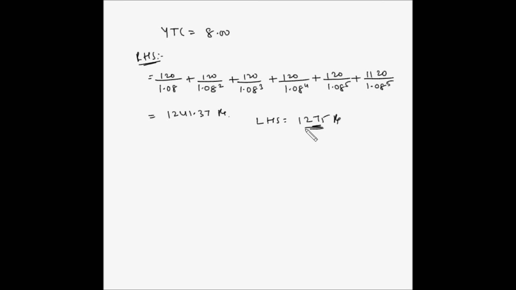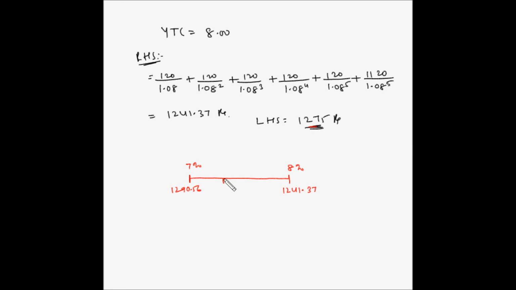So basically, the right hand side will be equal to the left hand side at some point between 7 and 8%. So let's try to find that. At 7%, the value of the right hand side is 1290.56, whereas at 8%, it is 1241.37. Now we want the value of the right hand side to be 1275. So it is somewhere in between.